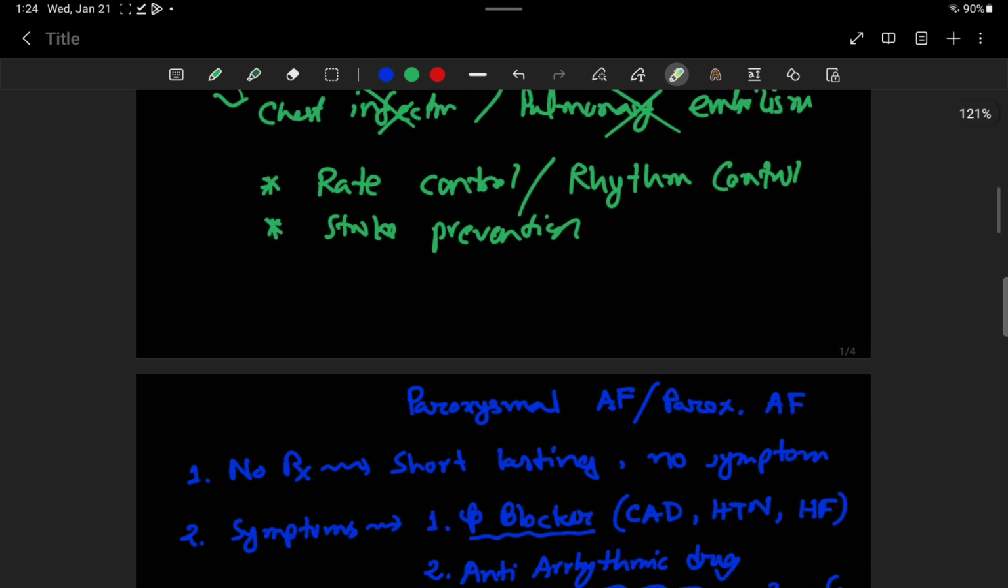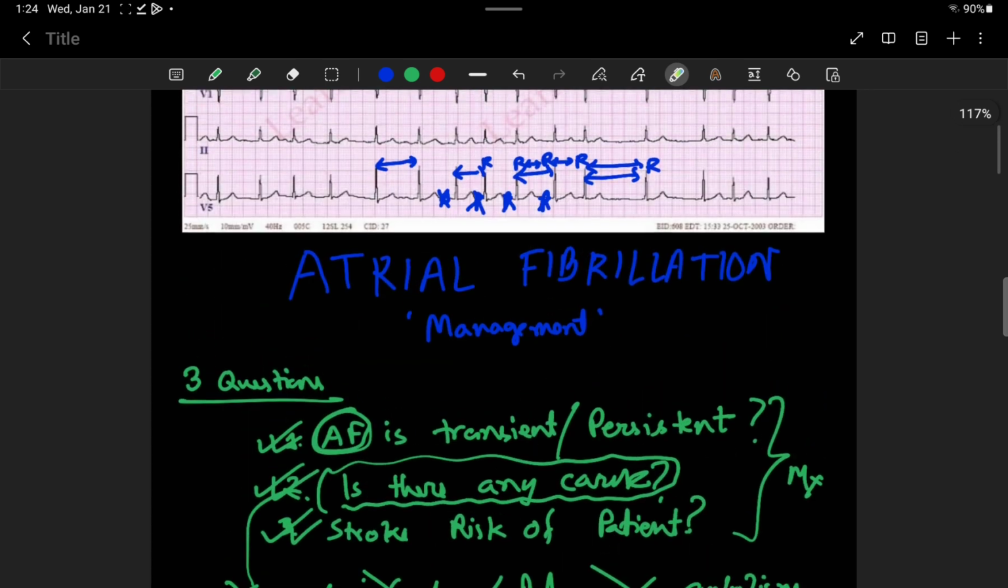Stroke risk management is always there; for any type you can go with treatment.